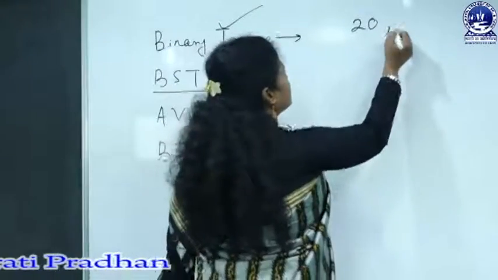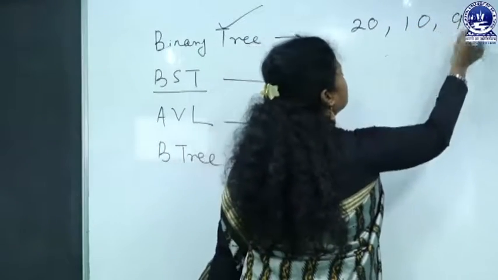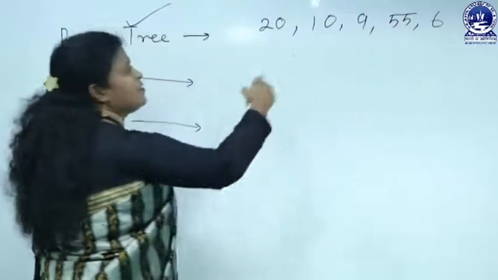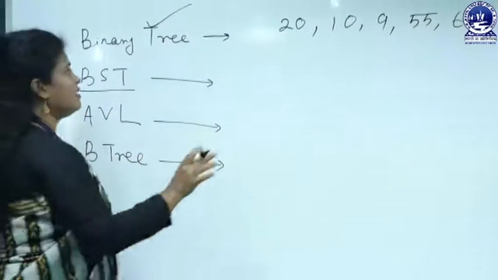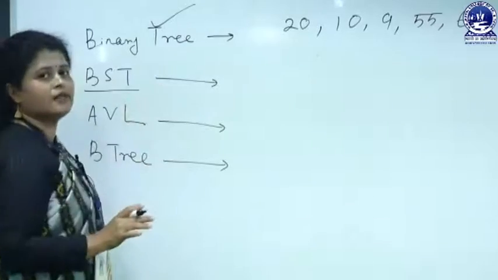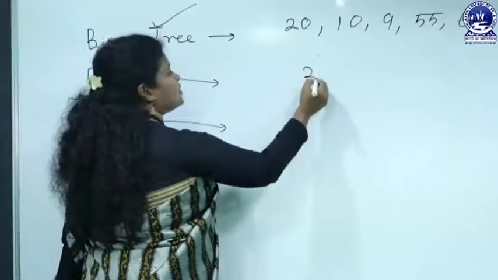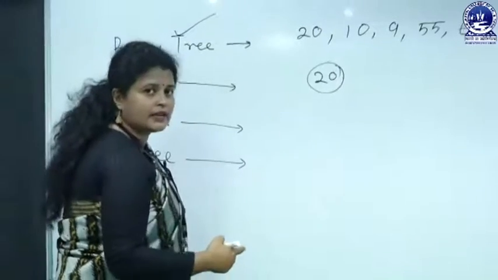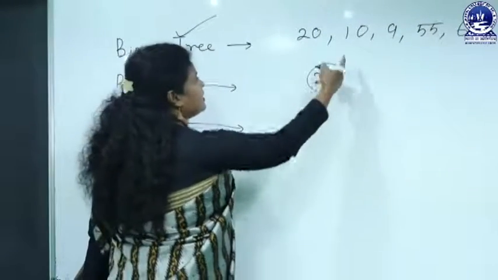Suppose the data are 20, 10, 9, then 55, then 6. I am taking a very small number of data here only for explaining what is the meaning of BST. Suppose you are creating a BST, then the first node 20 will come here as root or parent, then 10.